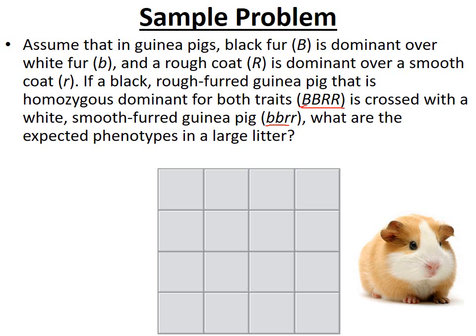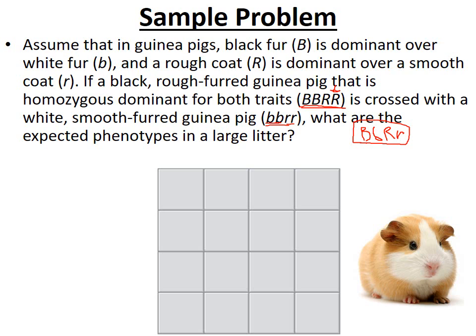This parent here can only give big B, and this parent here can only give little b. So right away we know we're going to have our big B, little b. This parent here can only give big R because there's only big R to give, and this parent can only give little r. So this is the only possibility of kids that you're going to have in this litter.